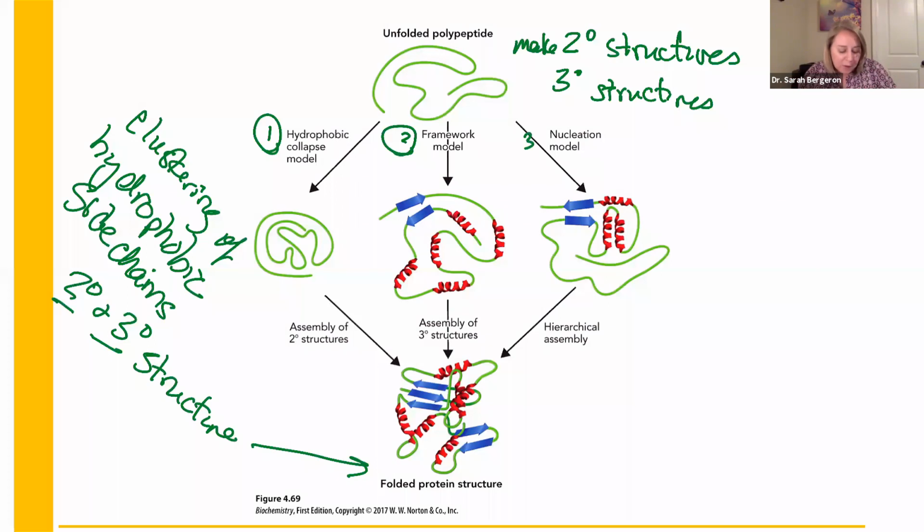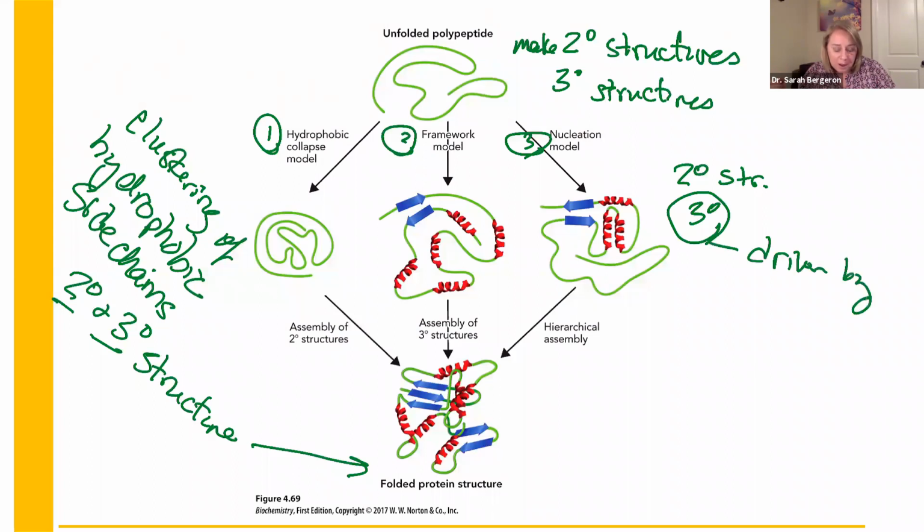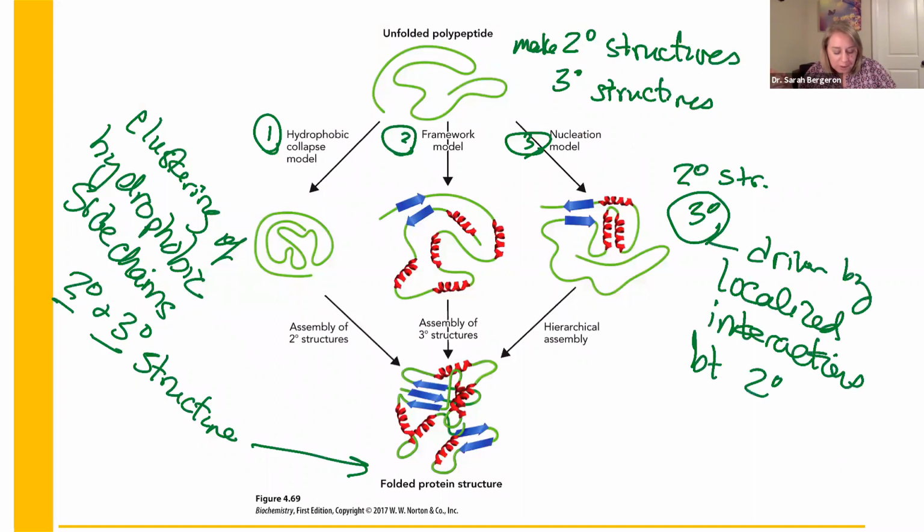The last one is called the nucleation model. In the nucleation model, it's similar. We make secondary structures, then we make tertiary structures, but the tertiary structures are driven by localized interactions between secondary structures.